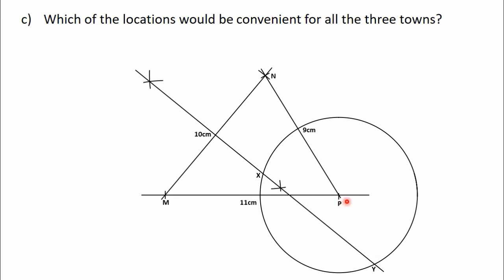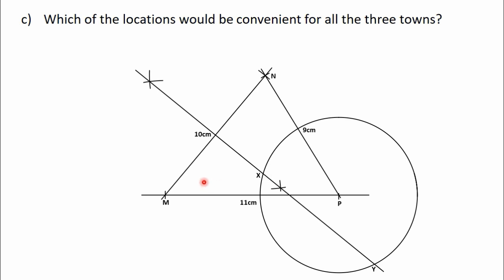So no matter which one we pick, traders from town P will still travel 10 kilometers to the market. So town P will not influence the location that we will pick, because no matter the one that we pick, traders from town P will still travel 10 kilometers to the market.